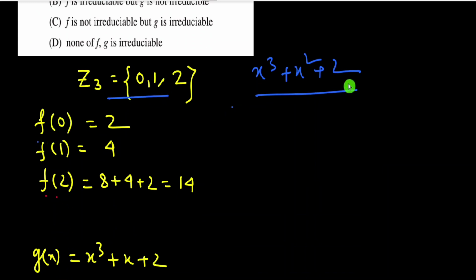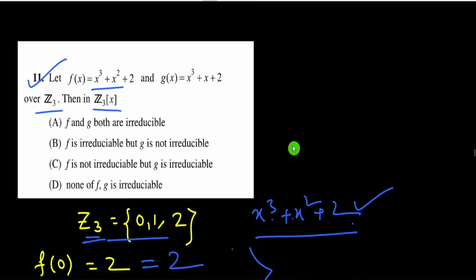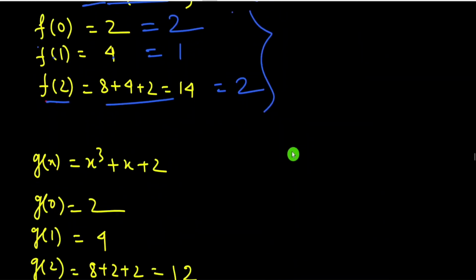Therefore f(0) equals 2, f(1) equals 1 plus 4, and f(2) equals 14. If we apply modulo 3, this is 2, this is 1 and this is 2. Therefore these three are non-zero, so f is clearly irreducible.